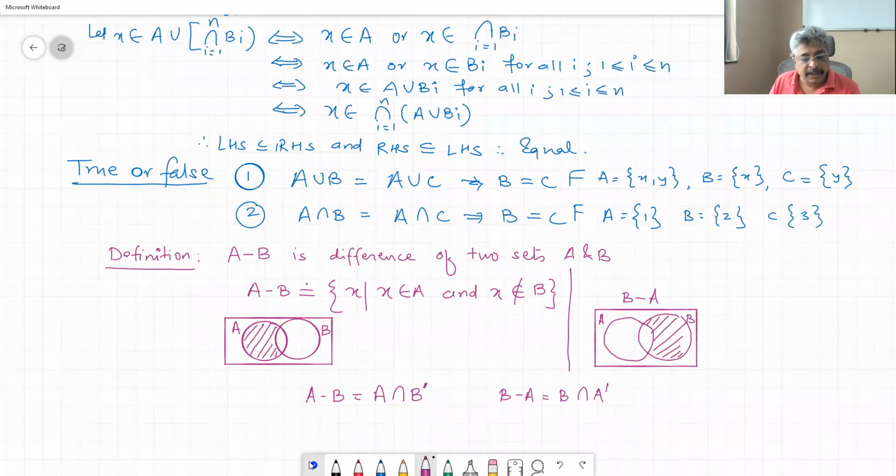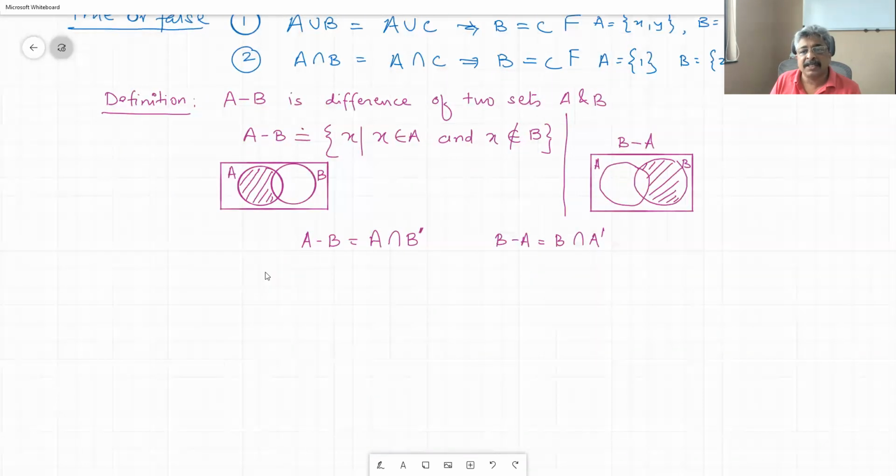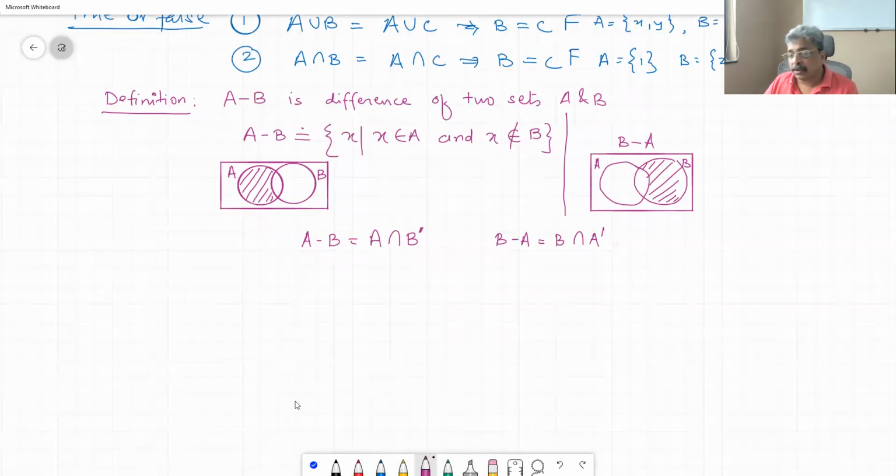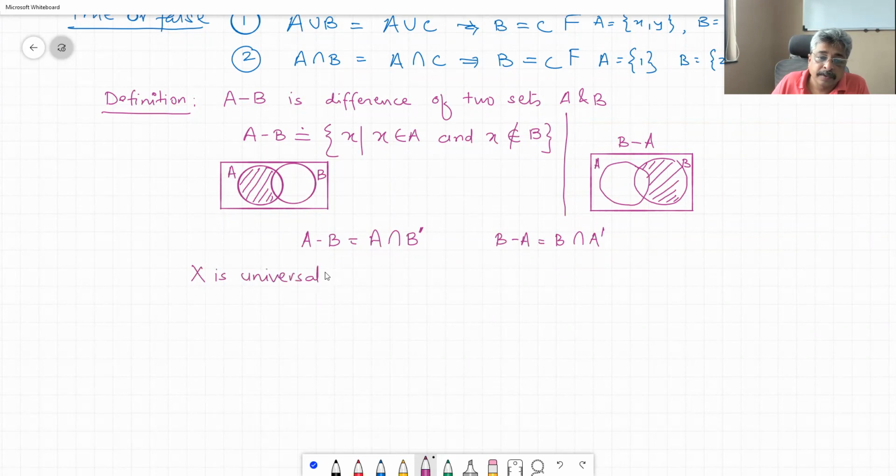X is a universal set. I mean, these are easy things, but we require this for doing algebra eventually. Therefore, I am writing them. X is a universal set. A dash is equal to X minus A, which is X intersection A dash.